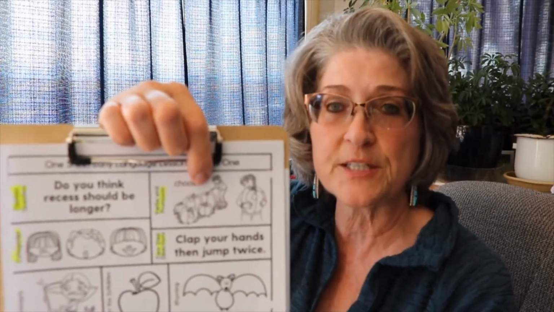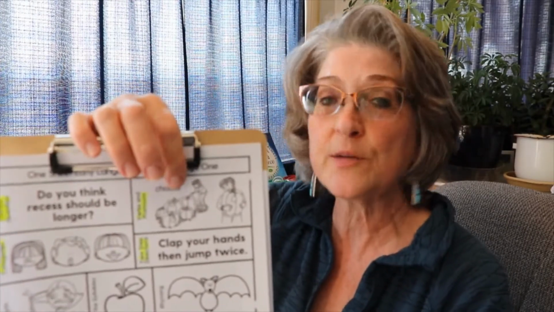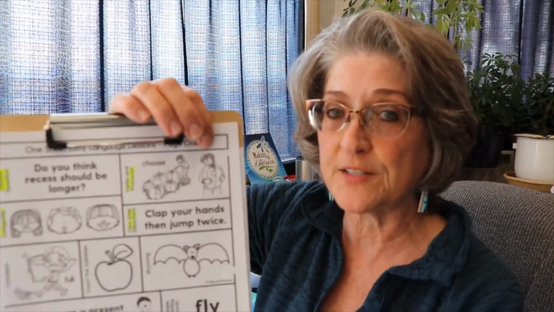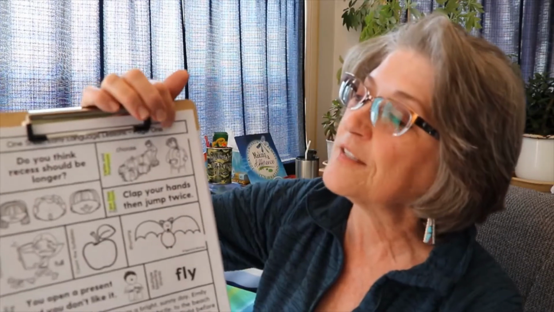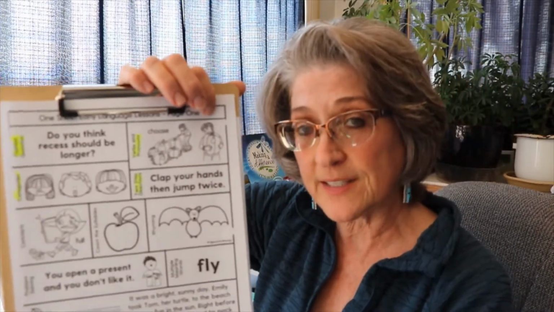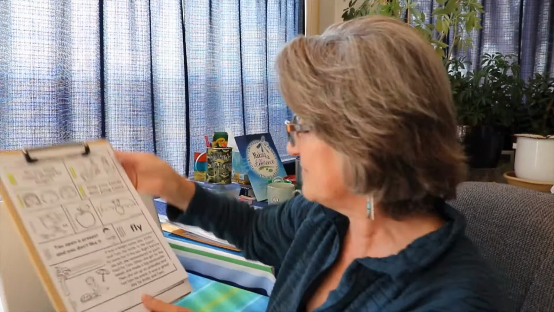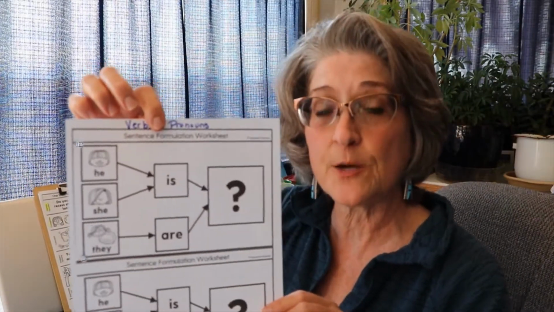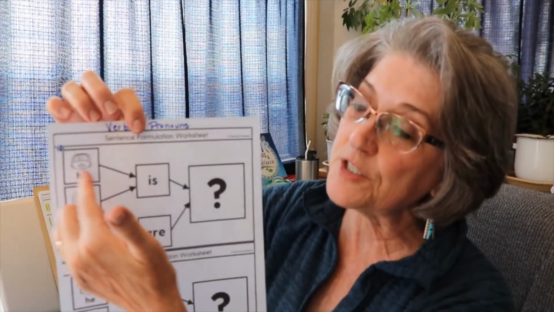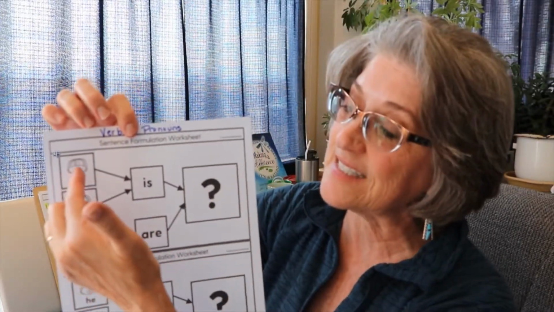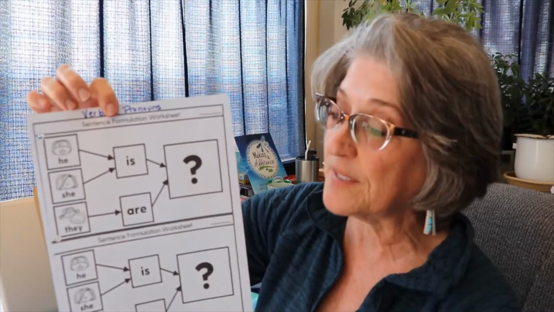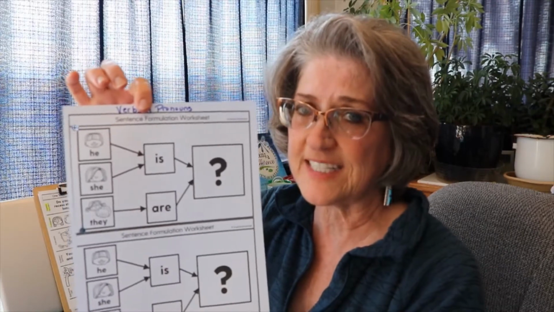If it were a girl in the picture, we would say she. More than one, we would say they. But we want to work with our kids to get those pronouns right because quite a few of our little ones aren't yet using pronouns correctly, and we want to work with that as well. So we can use the boxes just to help us have a cue and encourage your child to make a complete sentence. He is choosing a pumpkin. We don't have a worksheet for the past tense, but I think you get the idea.